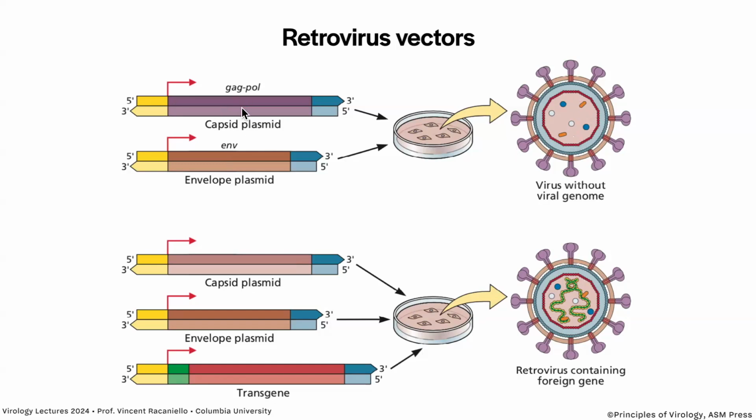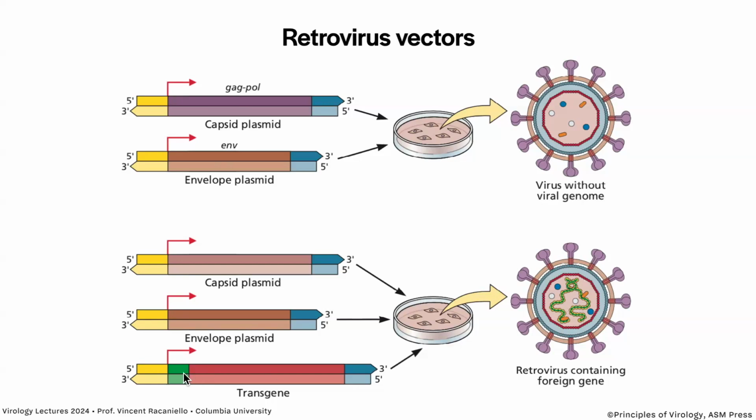So the GAG-POL makes the capsid and the membrane protein and drives the assembly of the envelope with the spikes. And it also will have reverse transcriptase and integrase in the capsid. And then the envelope, of course, drives the spike protein in the membrane. And so if you put a third plasmid in with a transgene, you can get that incorporated into the retrovirus particle.